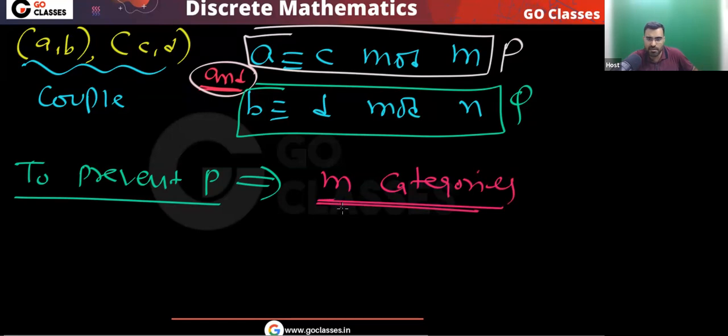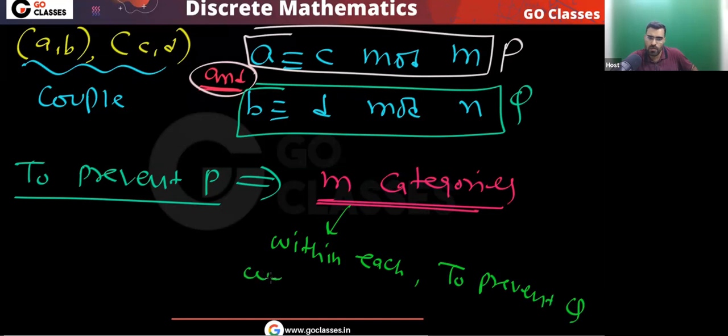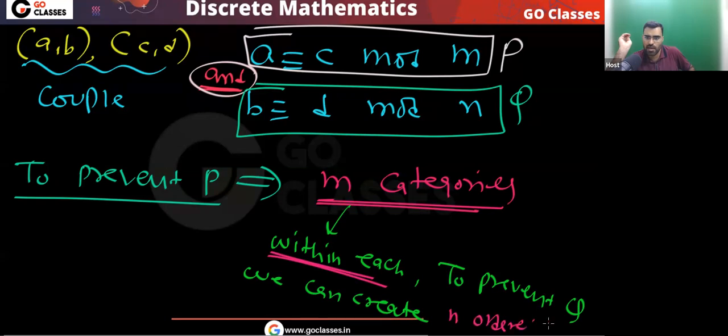Within each category, to prevent Q, we can create n ordered pairs. N ordered pairs we can create.